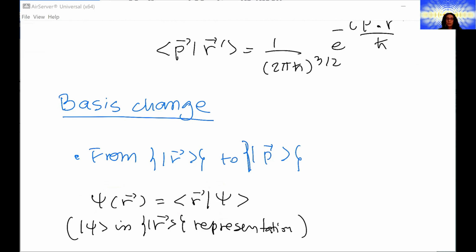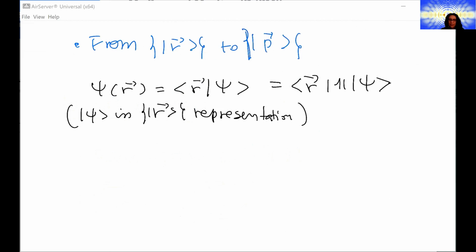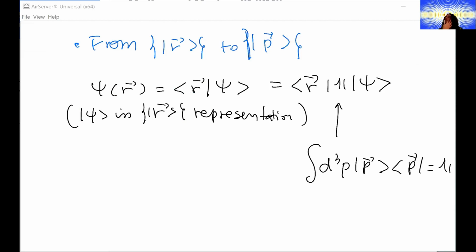So we are going to use a closure relation in P. We are going to write this as R psi using the identity operator. But we know that here we can also use the integral d3p |p><p| equal to the identity operator, not 1, sorry.